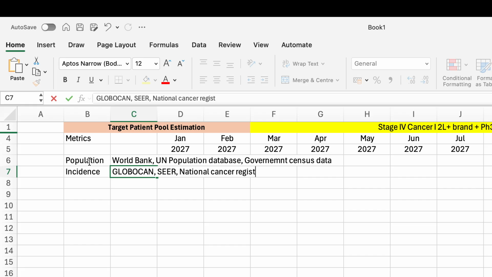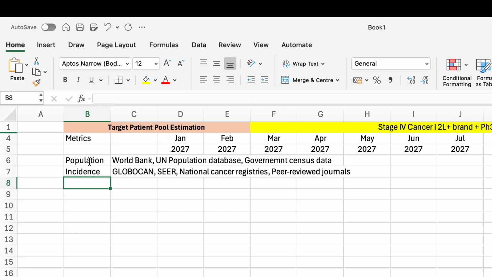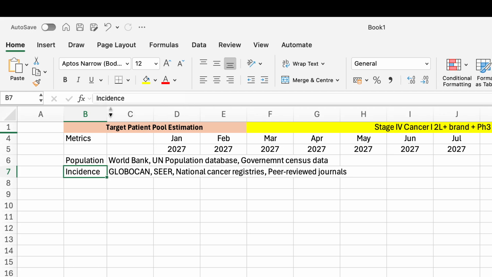And then we have national cancer registries as well. And sometimes, if the disease or therapy area is niche or rare, we would refer to some peer-reviewed journals as well. So the incidence population, we would do the calculation in the next video. So this is just to give an idea of the sources that we majorly use, right?